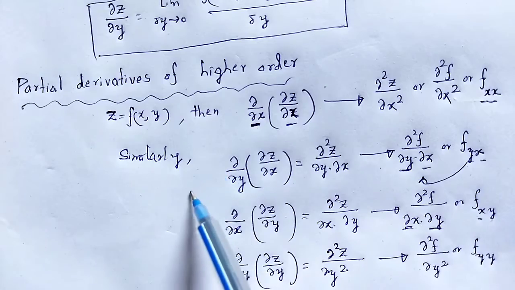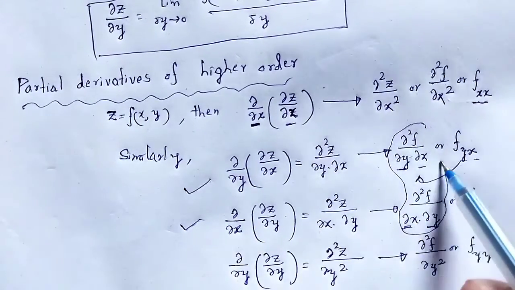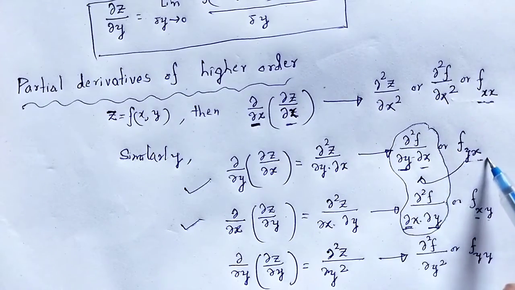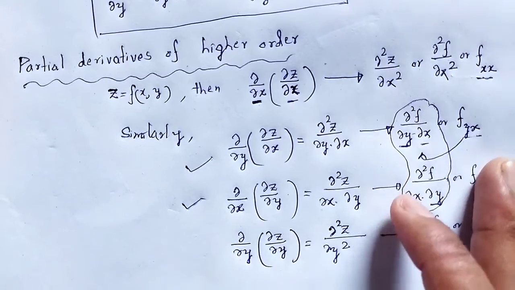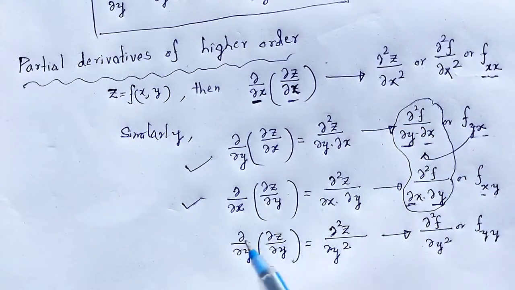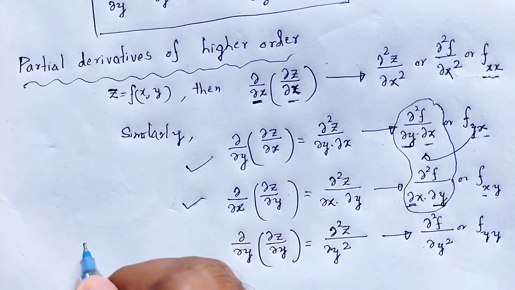These two are very similar. F of yx is equal to f of xy. So these representations are named as second order derivatives of a partial differentiation.